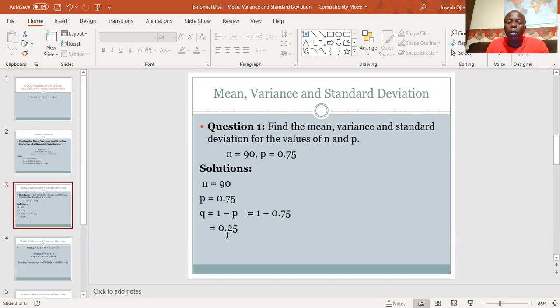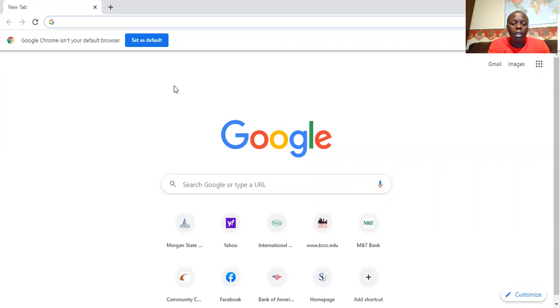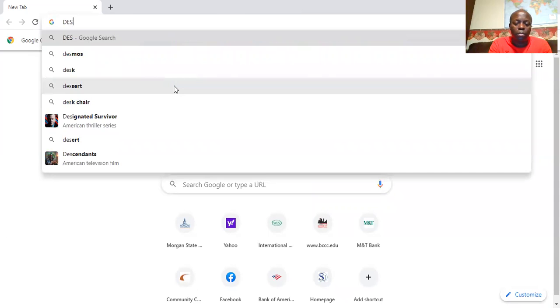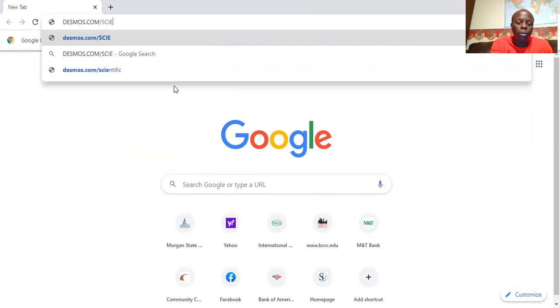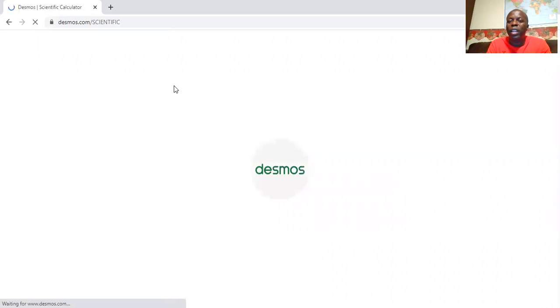Let me show you how this is done in a calculator. I'm going to share my screen so you can see a new screen here. I'm going to use an online scientific calculator that is free. Anybody can get it. It's called desmos.com/scientific. When you type this, it will give you a free scientific calculator that is available online.